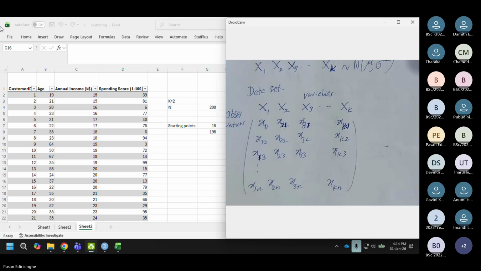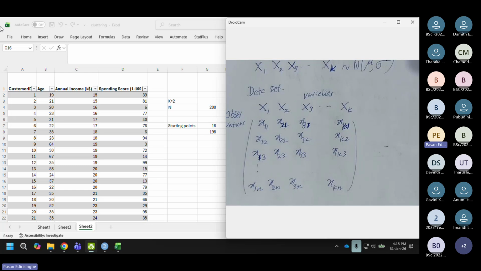Now with this data matrix, of course, there are plenty of things we can do. In terms of the techniques we learned previously, we can identify the distribution of each observation and the distribution of the entire data set together, and so on.